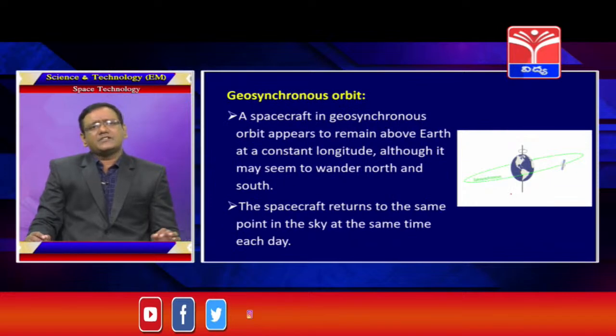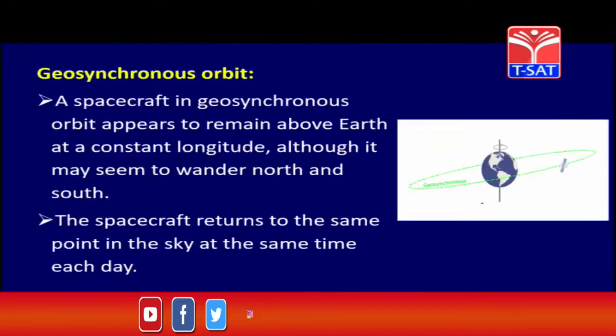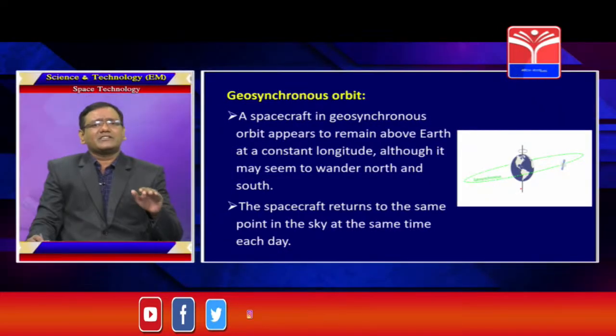A spacecraft in a geosynchronous orbit appears to remain above the Earth at a constant longitude. Although it may seem to wander north and south, since this satellite has the same time period as the Earth's time period, it looks constant on a particular longitude.